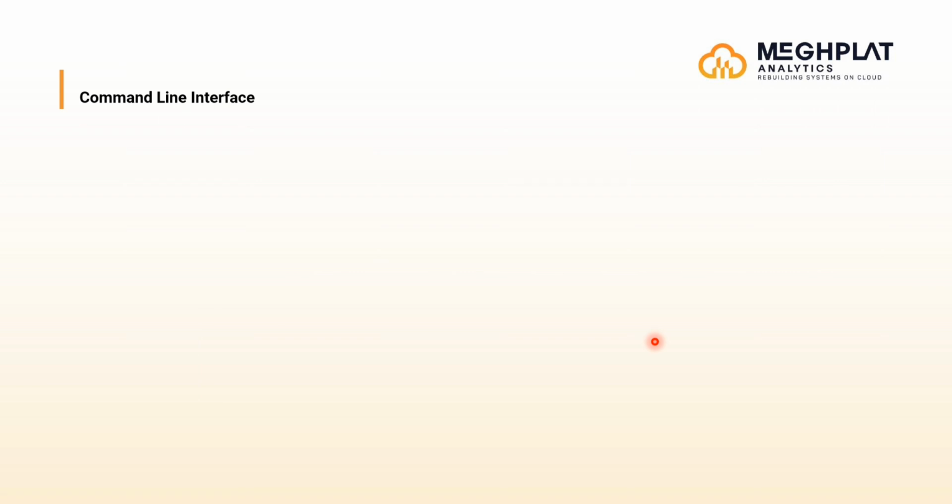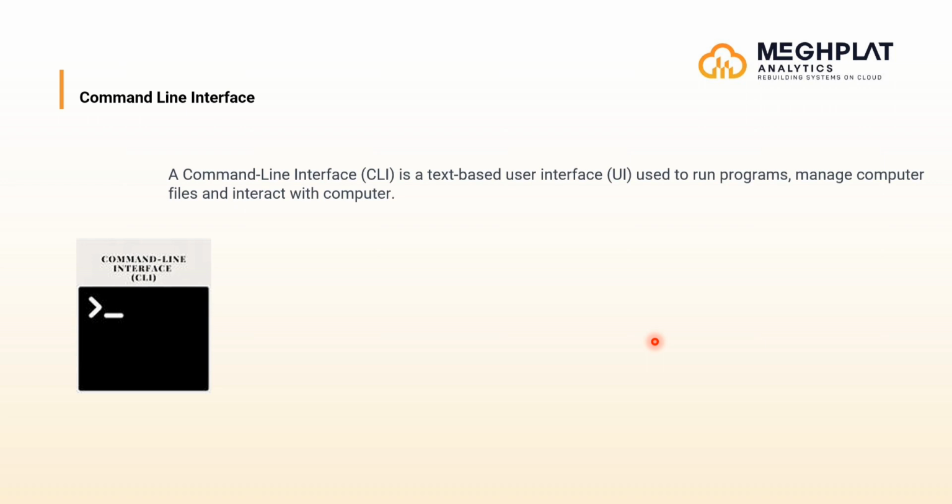Then the next one is the command line interface. A command line interface is a text based user interface used to run programs, manage computer files, and interact with the computer.